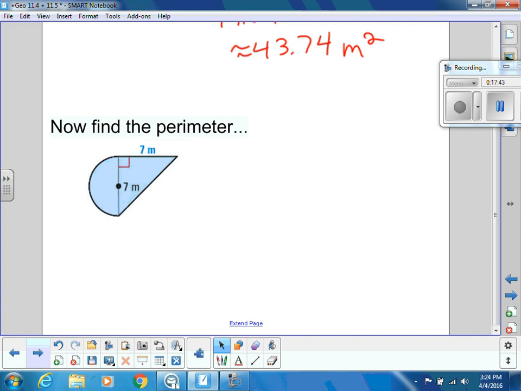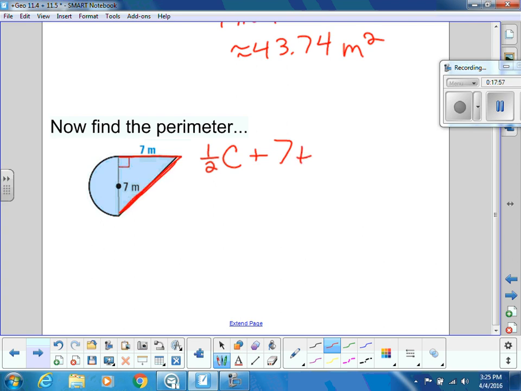So again, we're basically doing half the circumference of the circle, plus we're going to do this line, that's a 7, plus this line. So we need the hypotenuse, right? And then here will be the circumference part. So let's do the circumference.